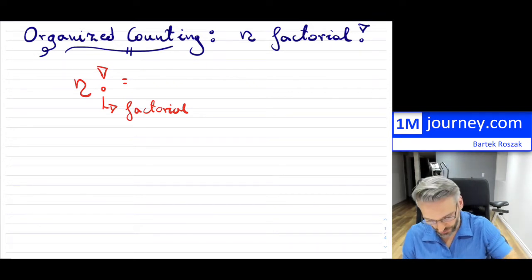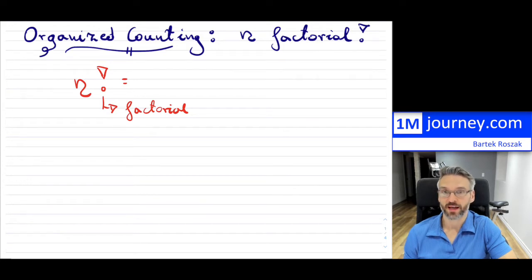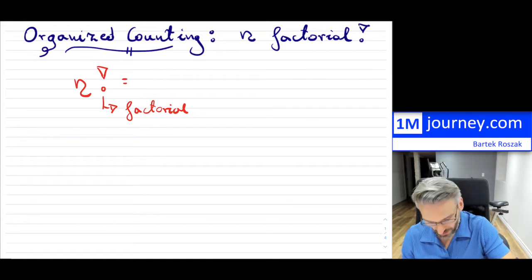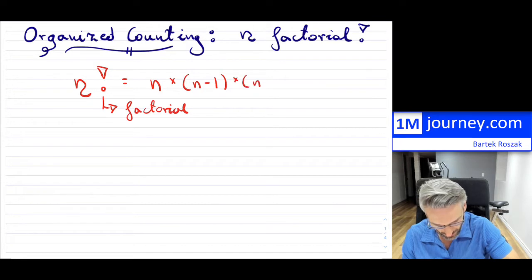So for example, n factorial is really defined as, so n is some integer that we have, and I guess you can assume that it's maybe some natural number, and what it means is you're going to be multiplying, okay, so this would be n multiplied by n minus 1, so you reduce n by 1, you multiply it by n minus 2, and you keep doing this multiplication until basically you get to the 1.